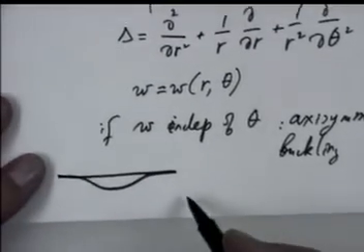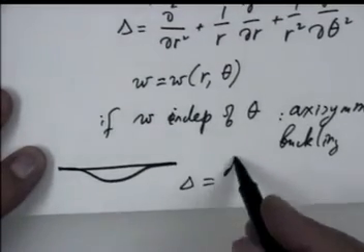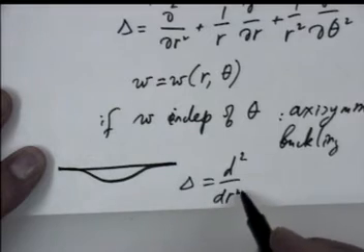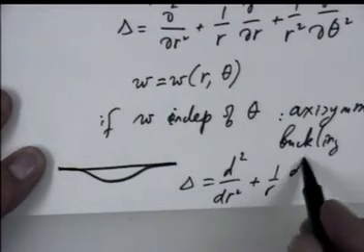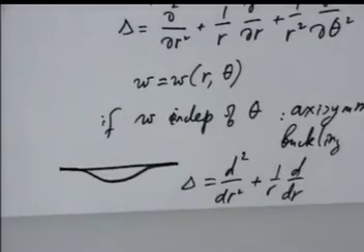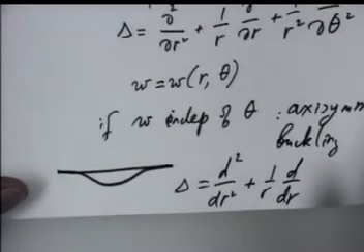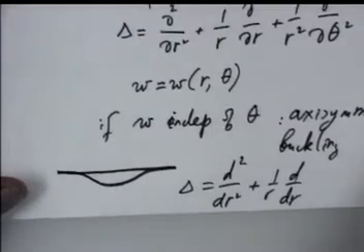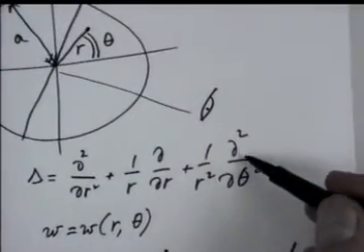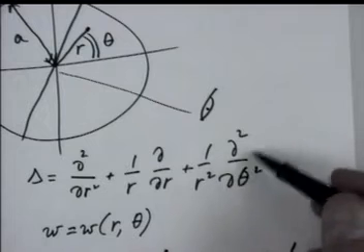Then delta equals d2 dr squared plus 1 over r d dr, because the dependence with respect to theta disappears.